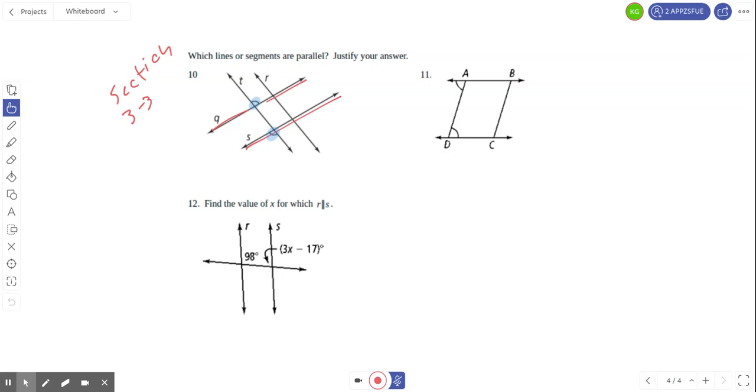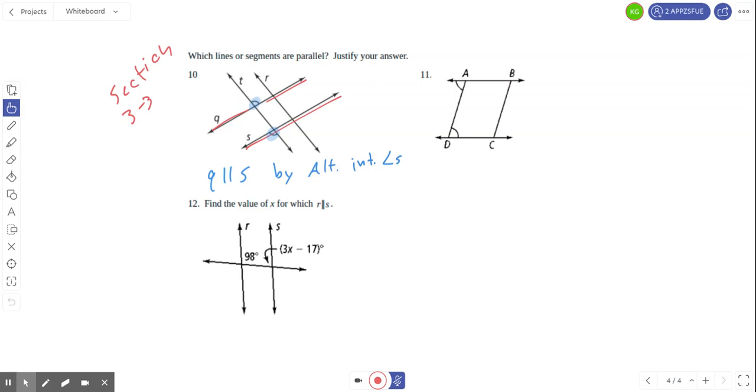So I can say that Q is parallel to S by, and I'll abbreviate. Again, we do a lot because we want to minimize the amount of writing. Alternate interior angles. Alt-int angles.